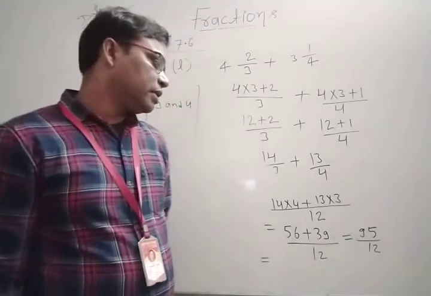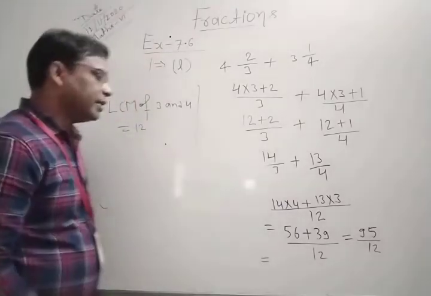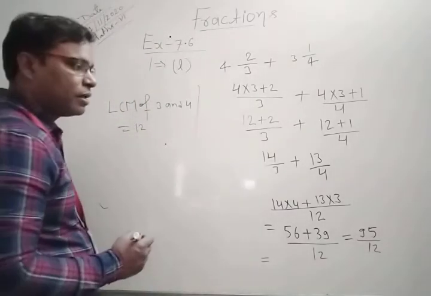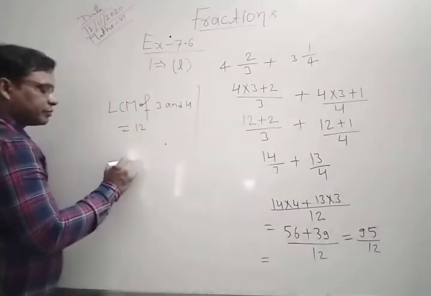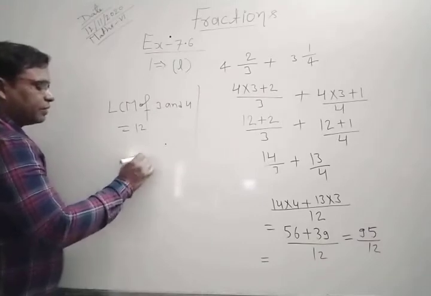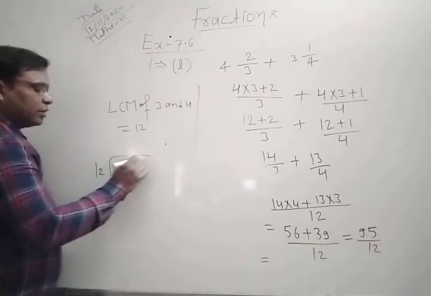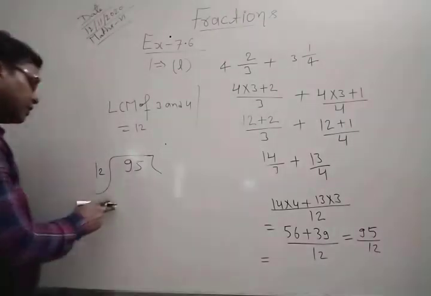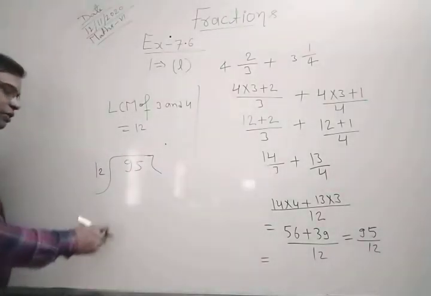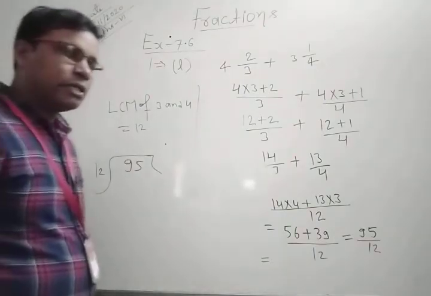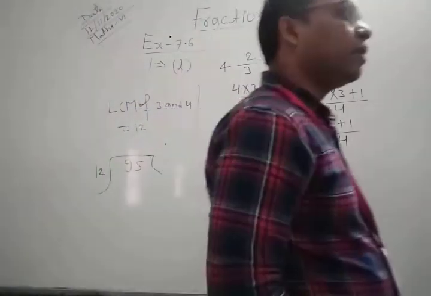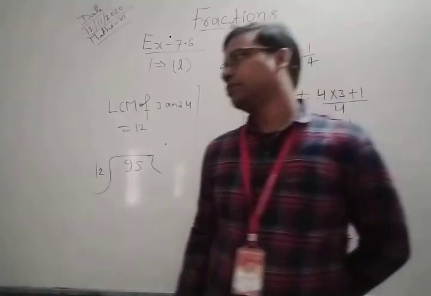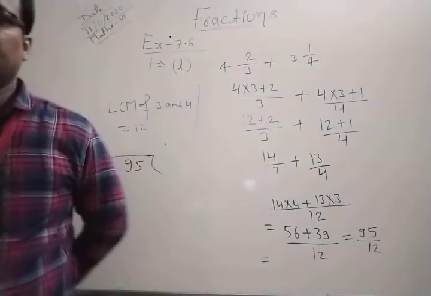Okay? So you can convert it into a mixed fraction. So you divide 95 by 12. So you know the table of 12. What is the table of 12? Tell me.